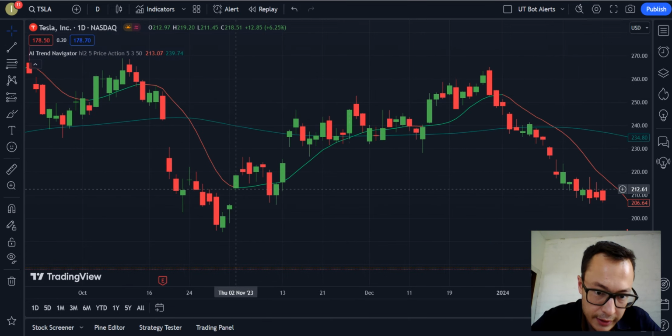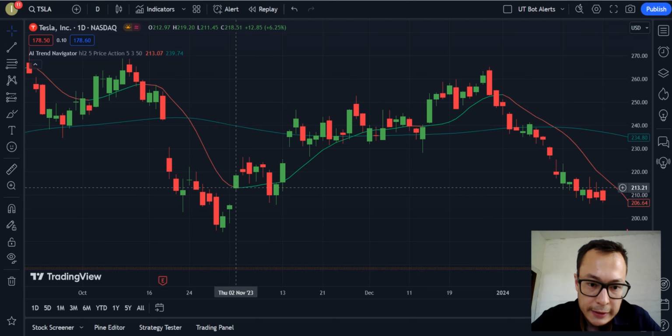So we can see here that on November 2nd, 2023, the Tesla stock price was $213.21.